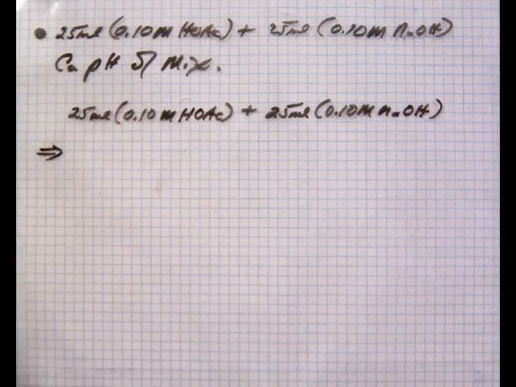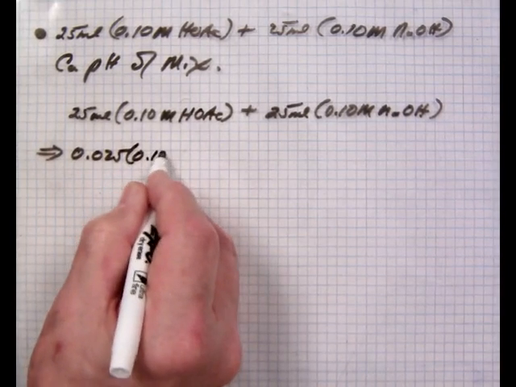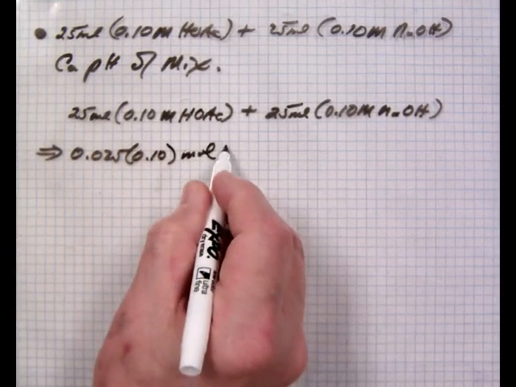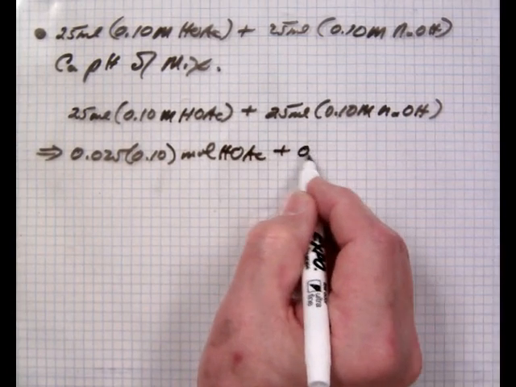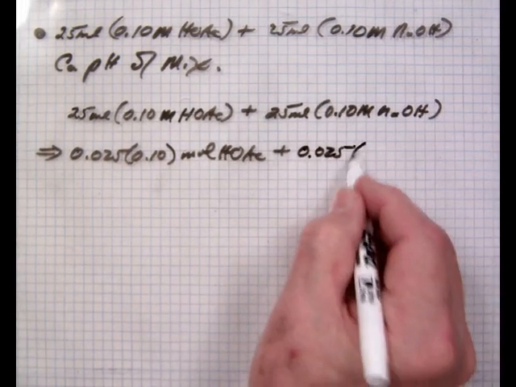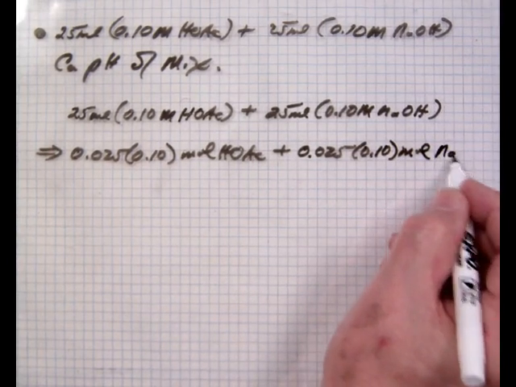So this would give you 0.025 times 0.10 mole HOAc plus 0.025 times 0.10 mole of sodium hydroxide.